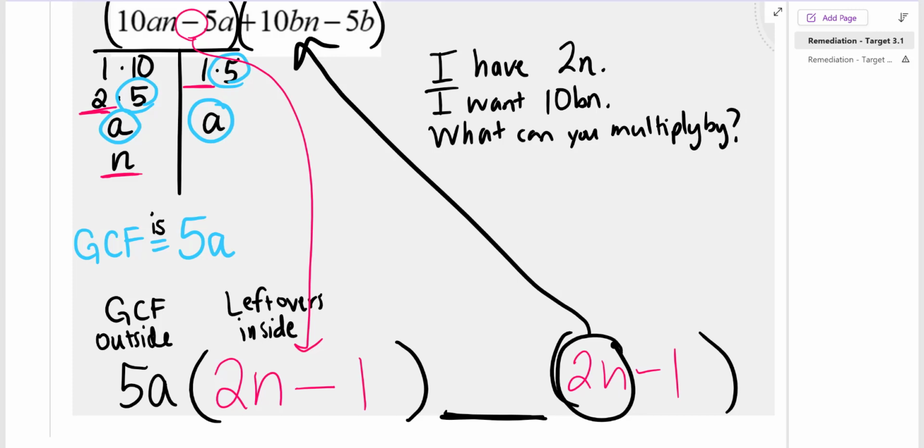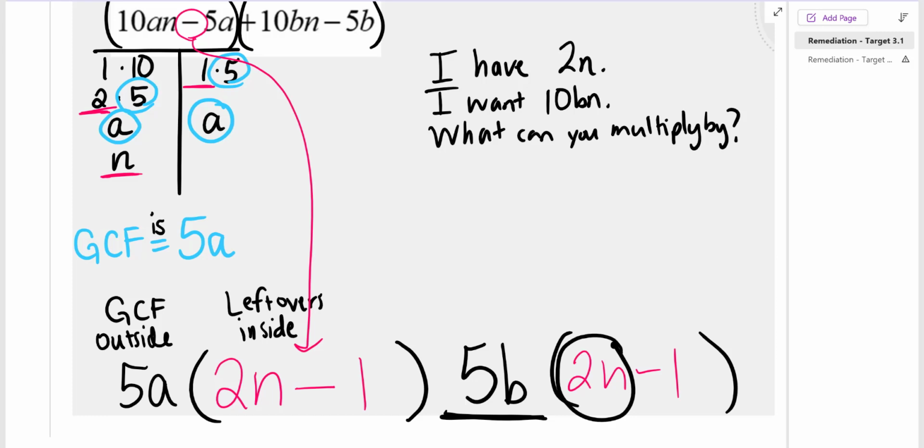Okay, so what can I multiply by 2 to get to 10? The answer is 5. So 5 times 2n would be 10n. So we're missing the b, so you just have to add it. Now you can get back to it. So 5b times 2n is 10bn.